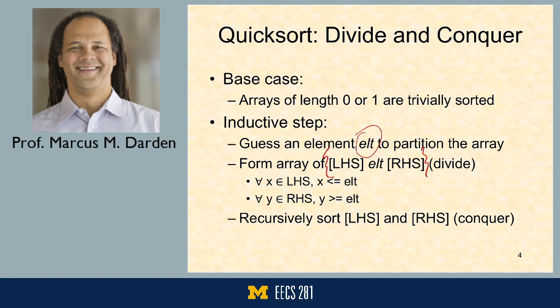What that means is, once I've partitioned this array, I don't necessarily have the things in the left-hand side being sorted, but I do know that they're all less than ELT. Same thing with the right-hand side. They're not necessarily sorted, but the ELT is less than all of the things in the right-hand side. So after a partition, you can imagine that ELT is exactly where it belongs.